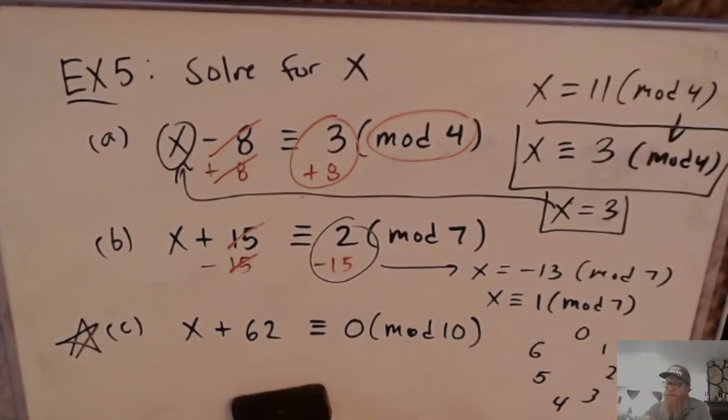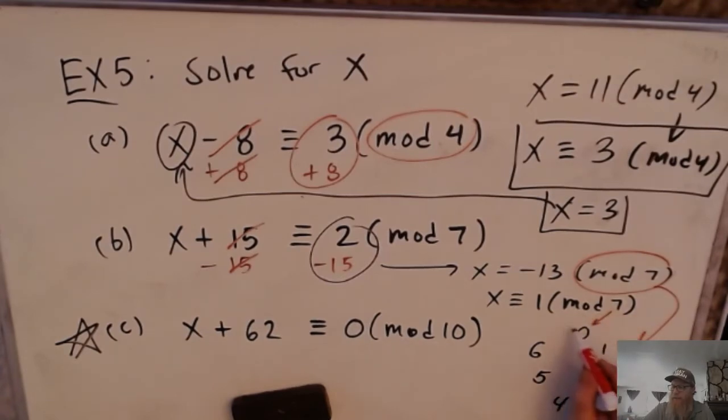If you're mod 7, that's like a clock, for the days of the week, you only have 7 possibilities. Remember, 7 is the same as 0. And if you're going negative, you go around counterclockwise. So this would be negative 1, negative 2, negative 3, negative 4, negative 5, negative 6.